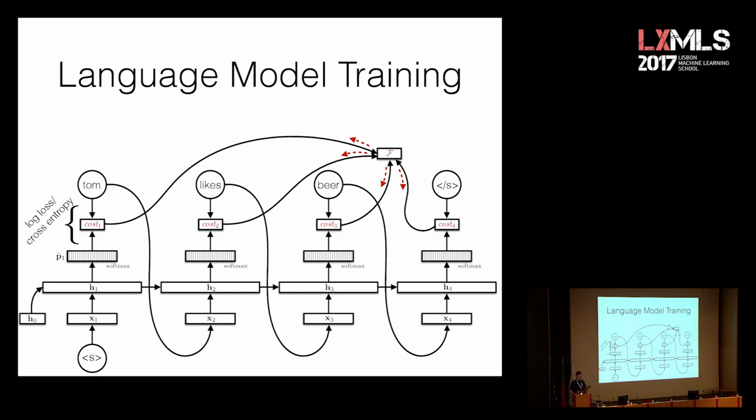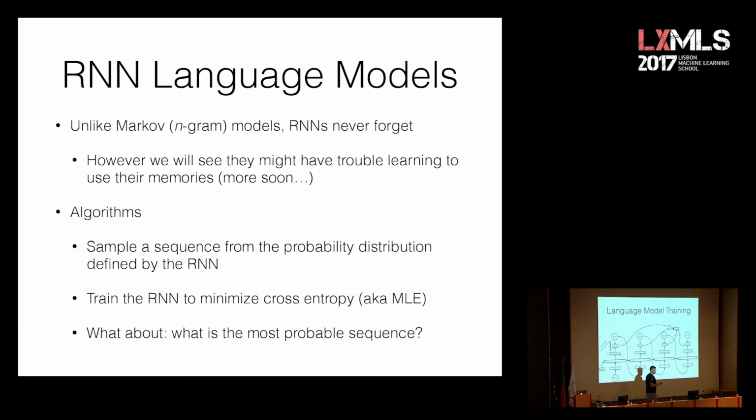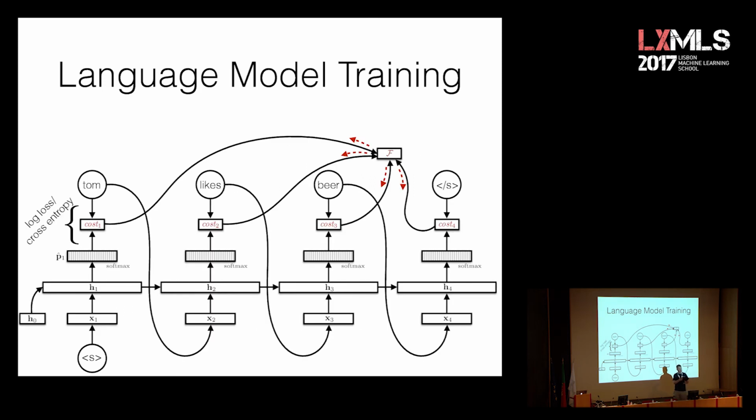So this is the standard assumption that we make, and we're going to then train this model. Each of our training instances is going to be a single sentence, and we're just going to randomly move through the corpus and feed in sentences, and we're going to do this until we've minimized this cross entropy.